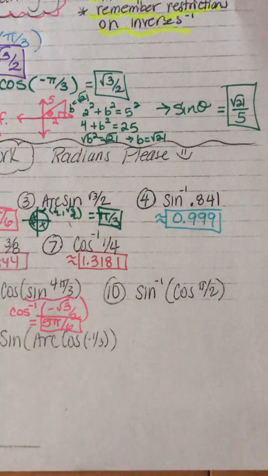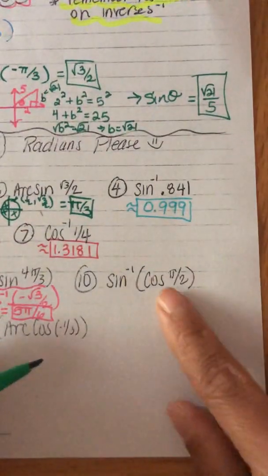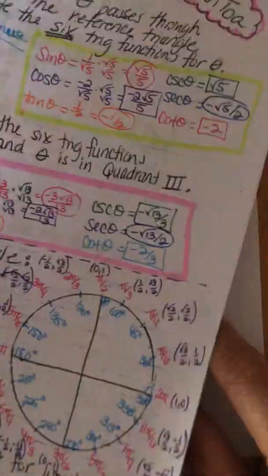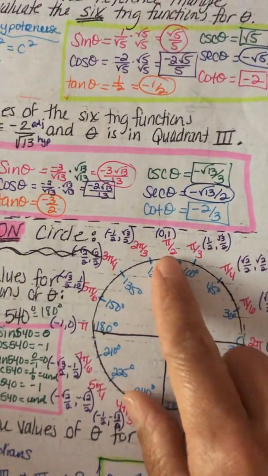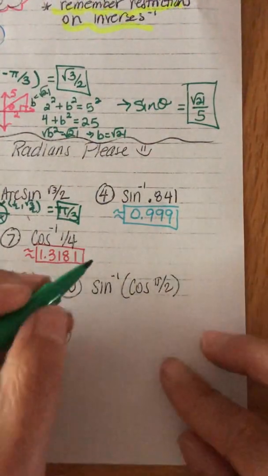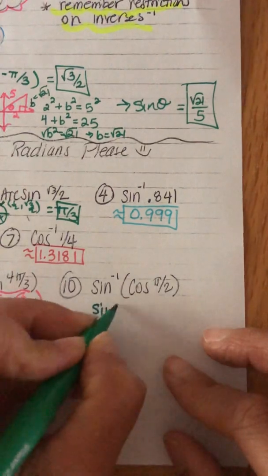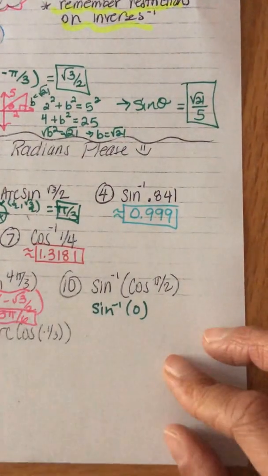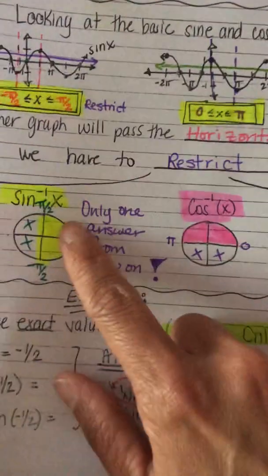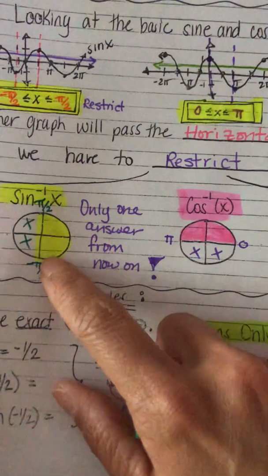Number 10, sine inverse of the cosine of pi over 2. Let's start with cosine of pi over 2. That would be the x value at the pi over 2 angle. Pi over 2 is the point (0,1), and the cosine is 0. So this is the sine inverse of 0. Sine inverse is only in these two quadrants.